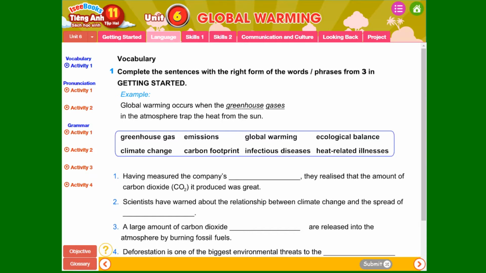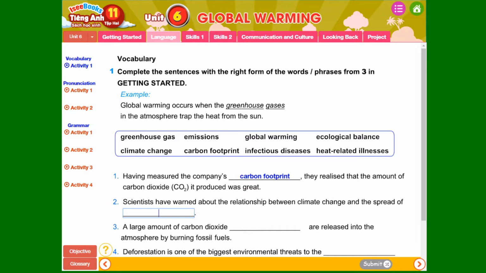Now, the first one, having measured the companies, so the first one's carbon footprint. Number 2, scientists have warned about the relationship between climate change and the spread of.